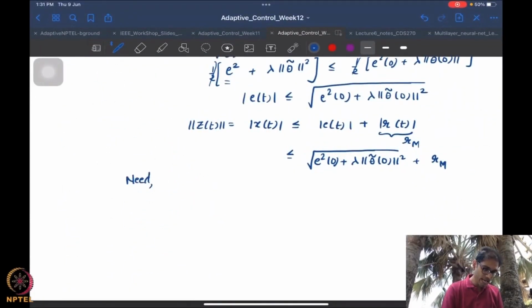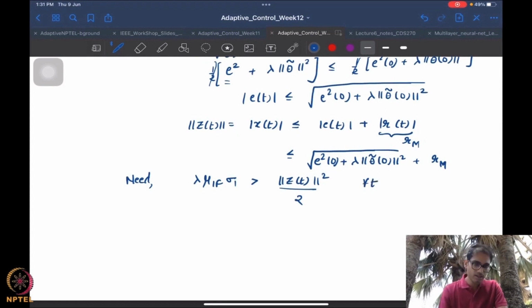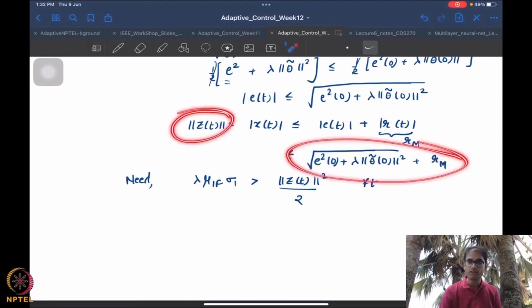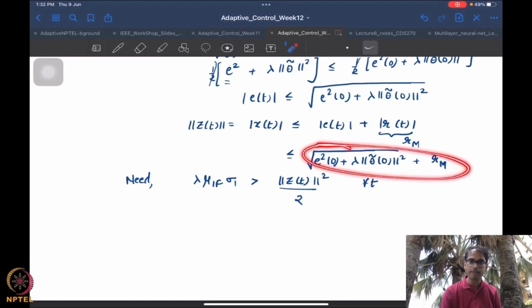I need that lambda mu if sigma 1 should be greater than norm Z t squared divided by 2, for all t. Because this is an upper bound that doesn't depend on time, it should be evident that for all t this bound holds. The right hand side doesn't depend on time.